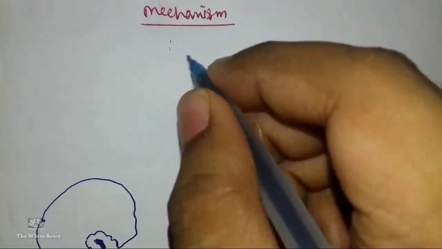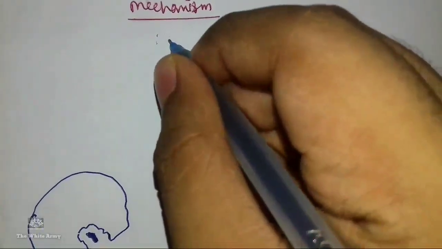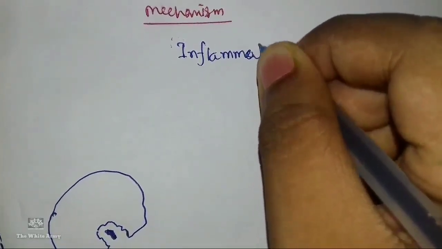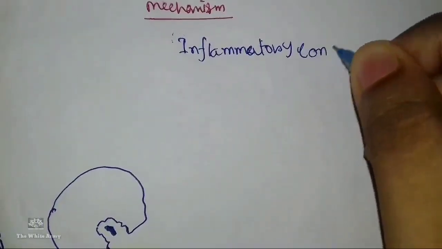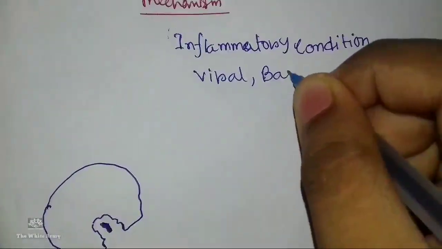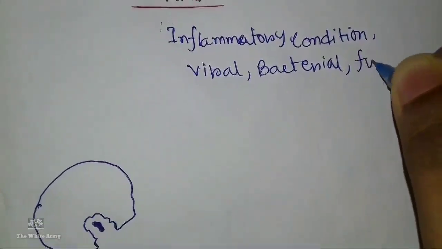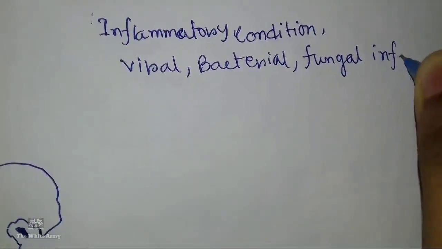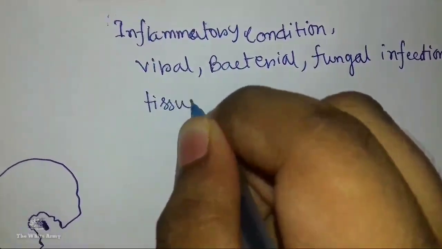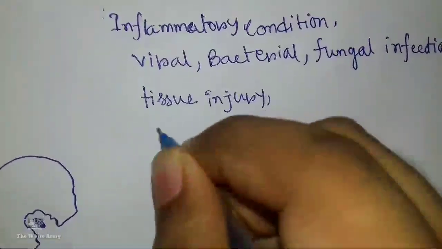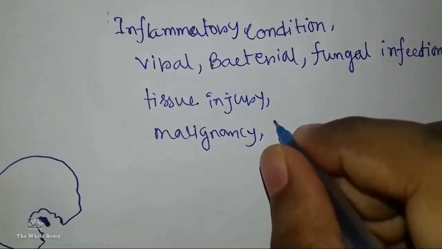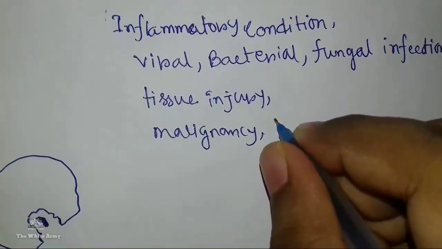First of all, there are some conditions in which these C-reactive proteins can be found. Inflammatory conditions basically, like viral, bacterial and fungal infections, then tissue injury, malignancy, that is cancer, and also necrosis.